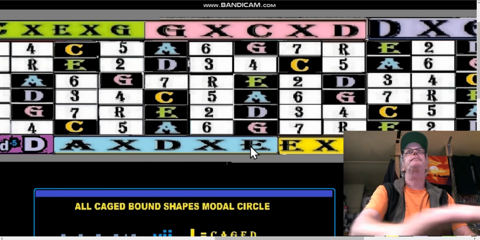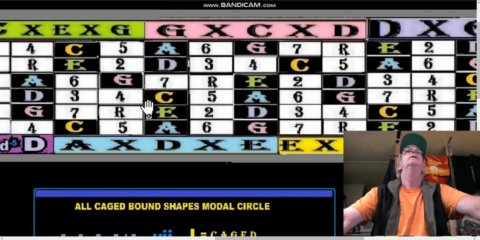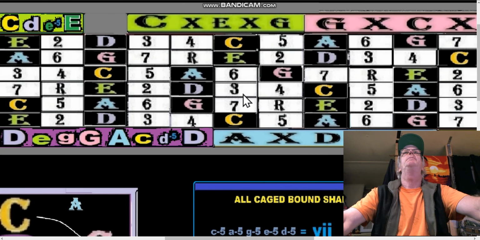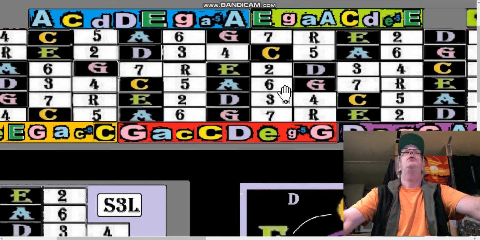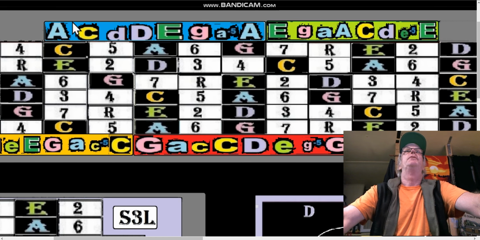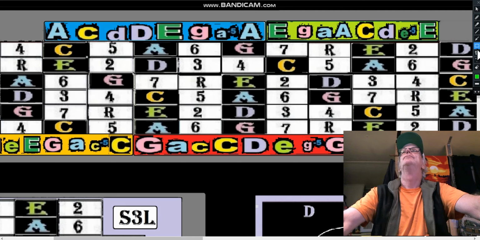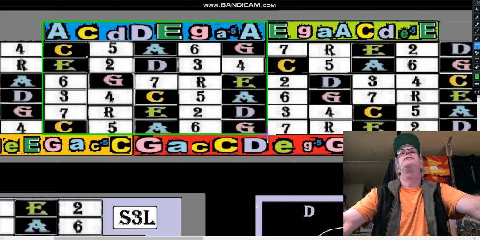Alright? But now I've come up with this modal banner. It's a modal banner. So from A to A, we still have the A box. It's just the banner, instead of saying A cross E, A cross D cross E, remember our shapes?